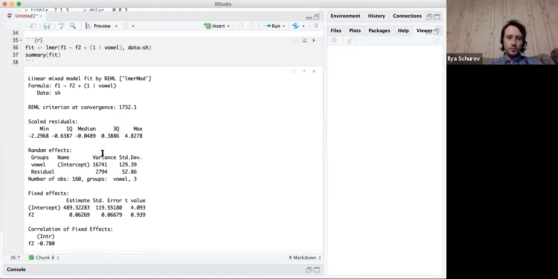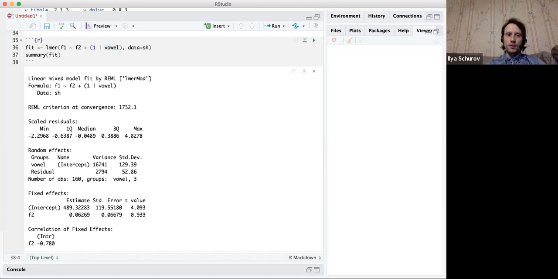So we can look at this result. First of all, let us discuss this formula. In this formula, I say that I have a linear model, and my dependent variable is F1, and my independent variable is F2, just like previously. And this thing represents my random effect for a vowel.